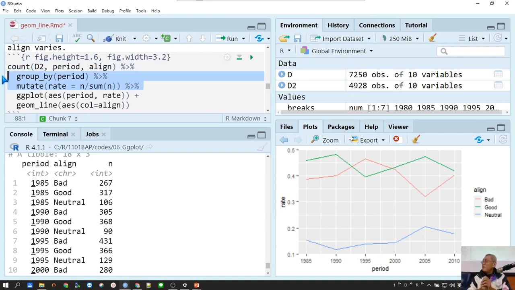Let's do this first. Does it make sense to compare the numbers to see the trend? No. Why is comparing numbers not a good idea?